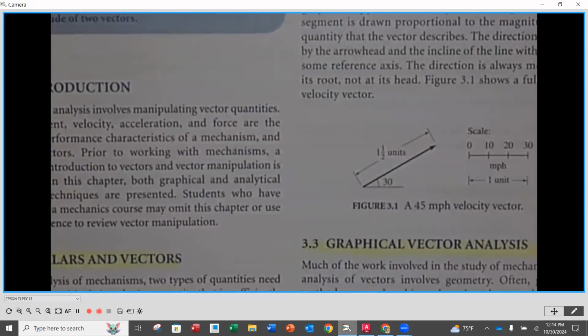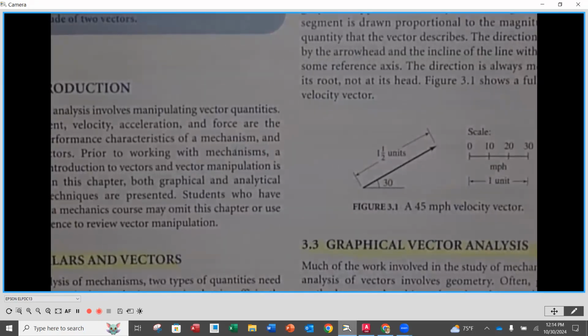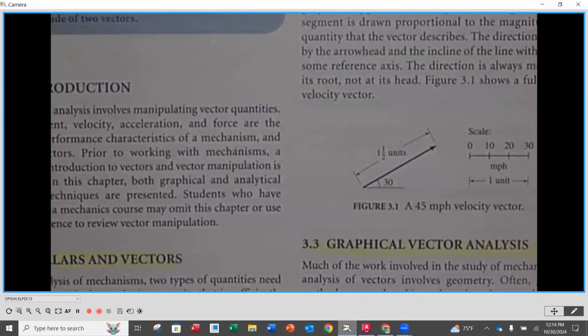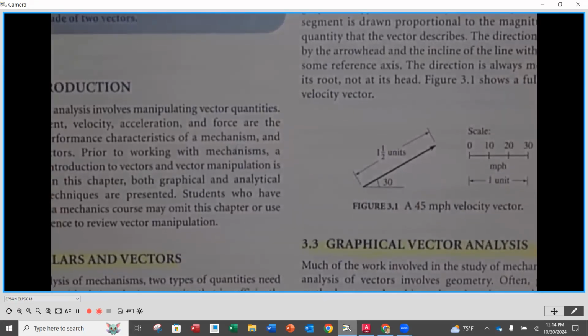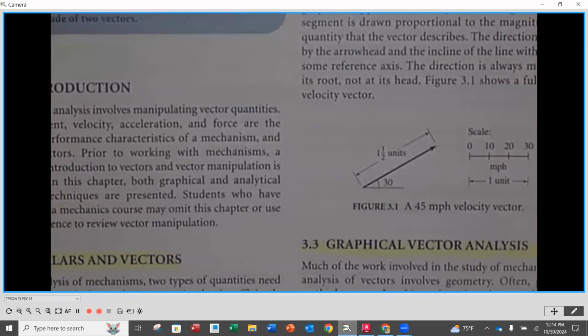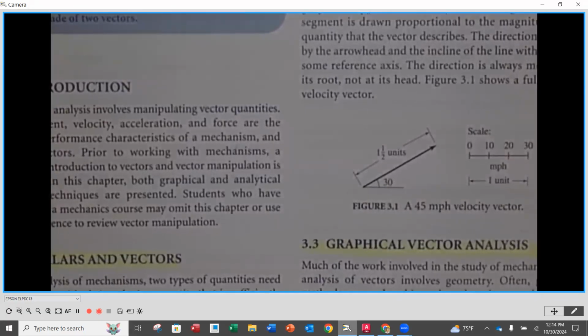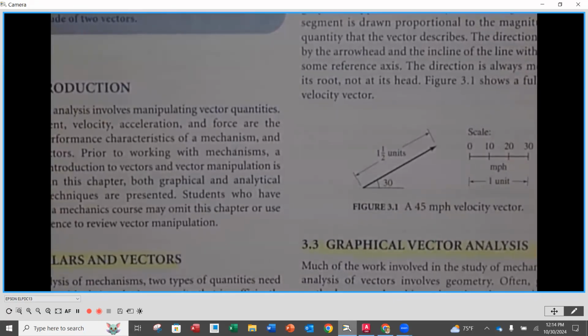Okay, so you'll notice that it's 1.5 units, and sometimes it might be representing 1.5 miles, 1.5 pounds, 1.5 kips, whatever it might be. But in this case, they're just saying generic units. This is how long it's going to be. And then as far as direction, you'll notice that we have the 30 degrees there, but we also have something else. What is that something else, to identify its direction?